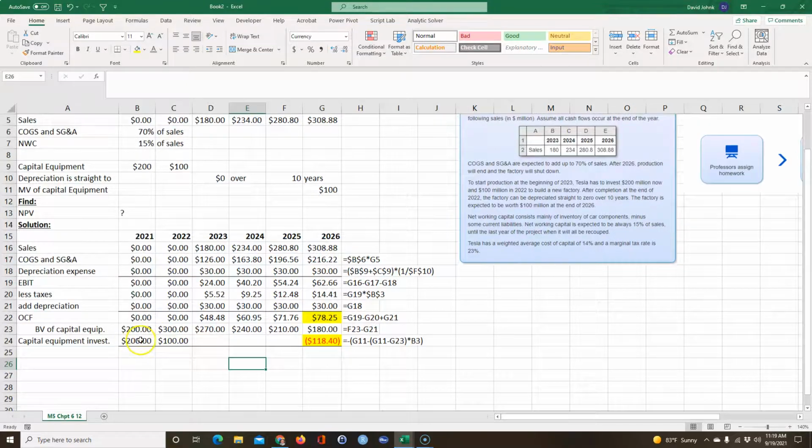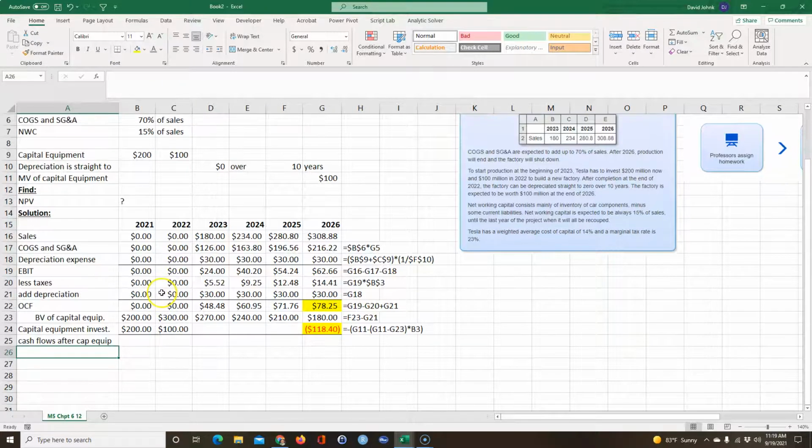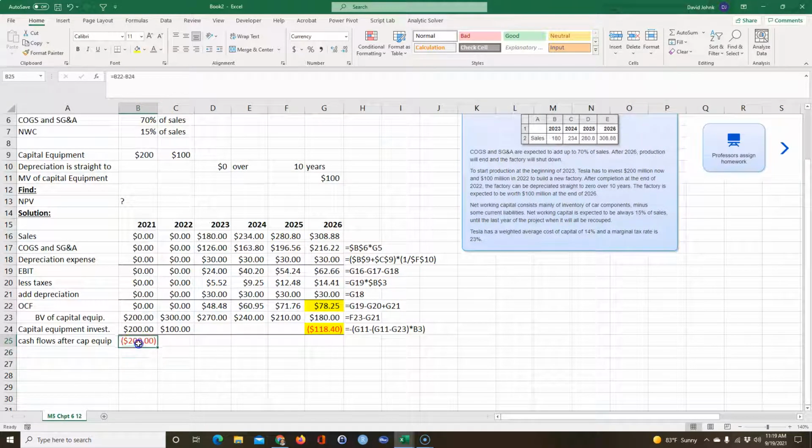All right, so we can do the cash flows after capital equipment. And so all we would do is you go equals the operating cash flow minus the cash flows after capital equipment, or minus the investments in capital equipment.